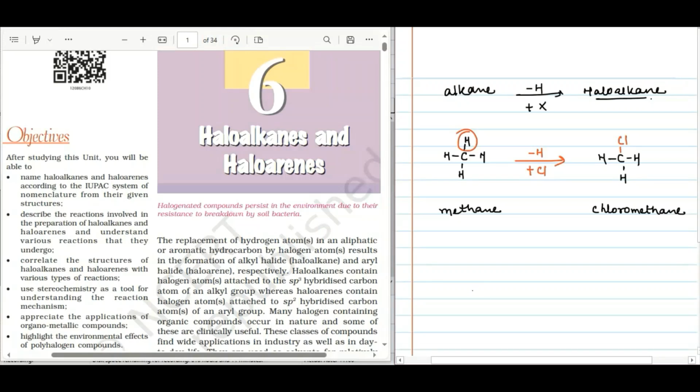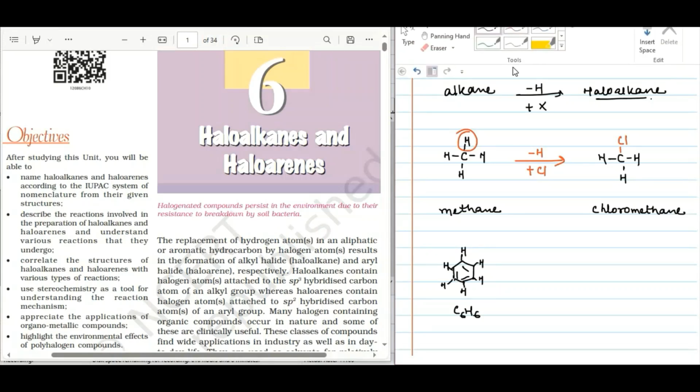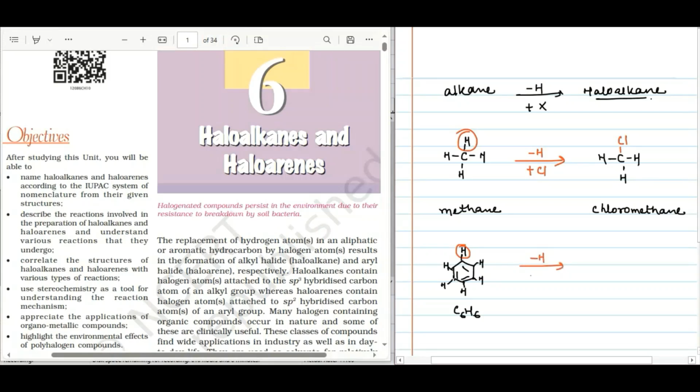Similarly, consider benzene, which is C6H6. There is alternate double and single bond, and every carbon is bonded to one hydrogen. If I replace one of the hydrogen with chlorine, I have removed one hydrogen and replaced it with chlorine.